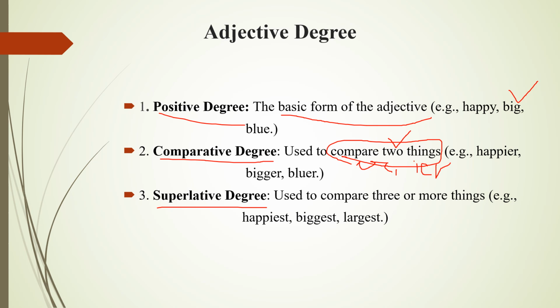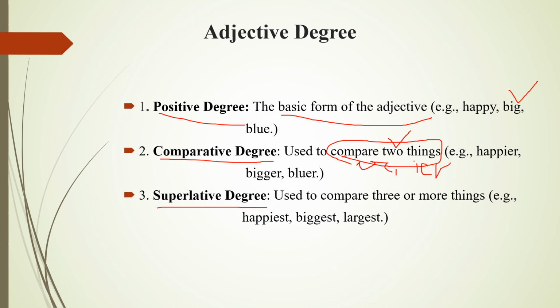Suppose in the positive degree I say I am happy. In the comparative degree, I will say I am happier than my sister. Or suppose I say I have a big blue bag, and if I make the same sentence in a comparative degree, then I will say that I have a bigger blue bag than yours.